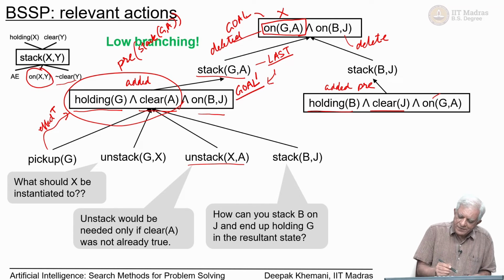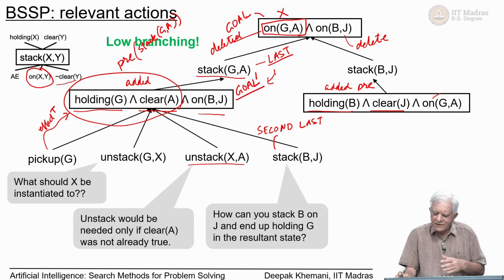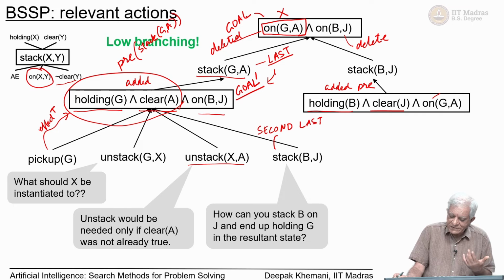Now, to achieve goal prime, this is the second last. You are simply going by the definition of applicability, relevance and regression essentially. But the problem with choosing this stack B J as a second last operation is that how can you stack B onto J and end up holding G in the resultant state.